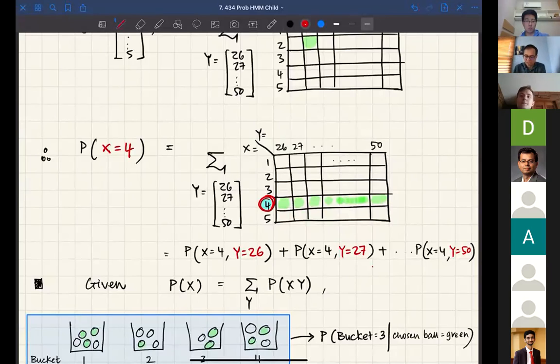This gives me probability of X. Does that make sense?